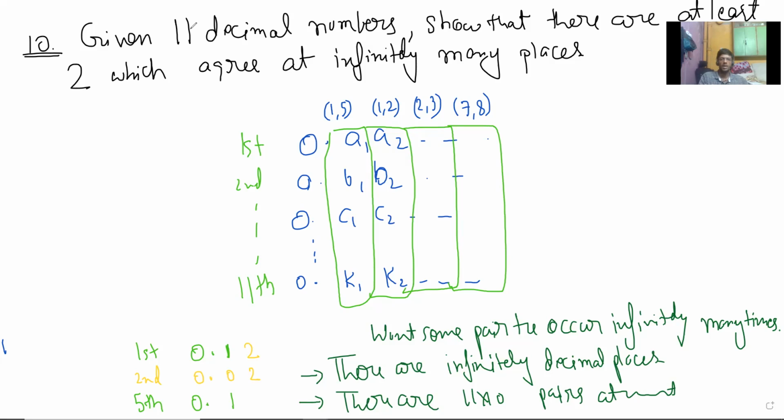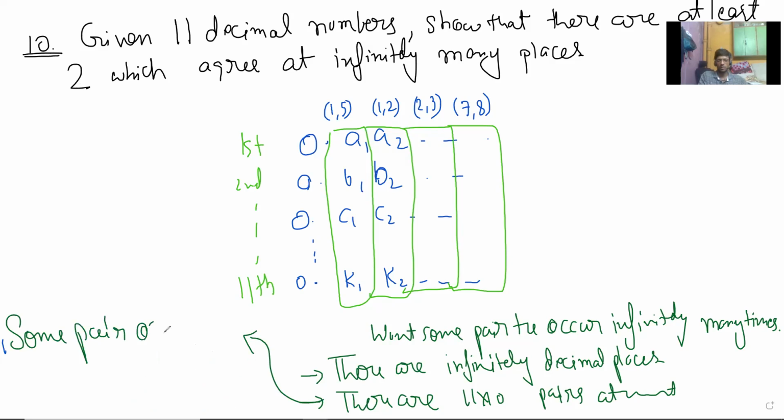So some pair has to appear infinitely many times, and then we are done. Is it good? Making sense?